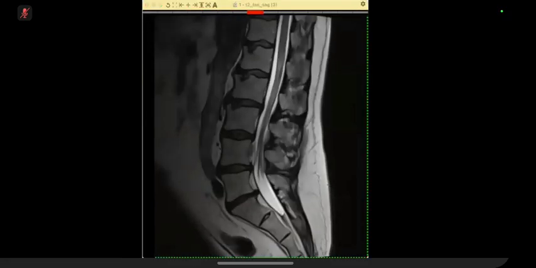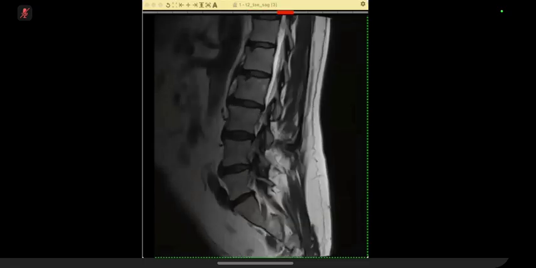Now, T1 weighted sequence, I could also have started from T1. And here again, the candidate did very well because he picked up this lesion here. This is the lesion, and you can see the fat is obliterated.